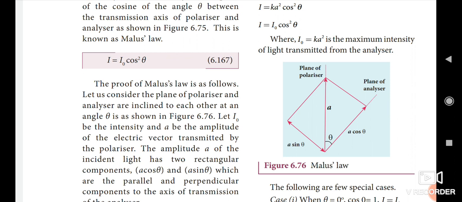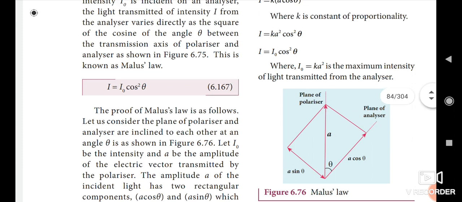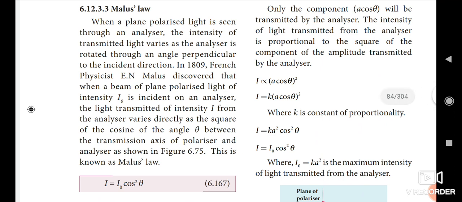So I is directly proportional to A cos theta the whole square. In the next step, I is directly proportional to A squared cos squared theta. Now, to remove the proportionality, we have to introduce one proportionality constant. So I introduce the proportionality constant K.